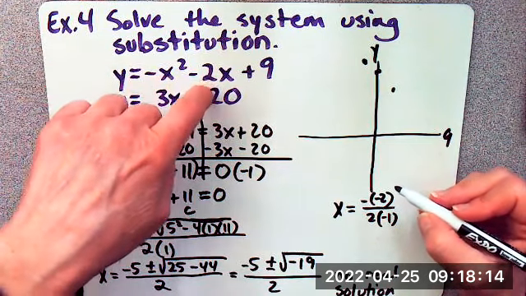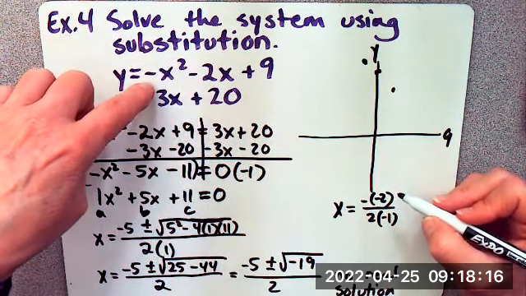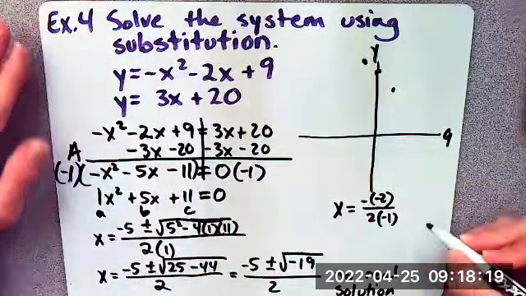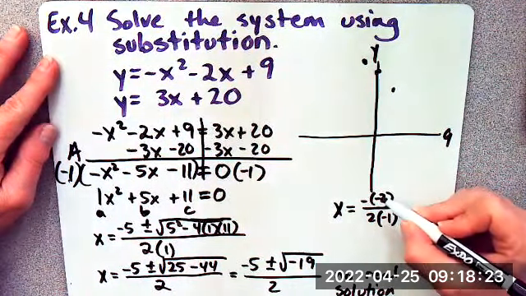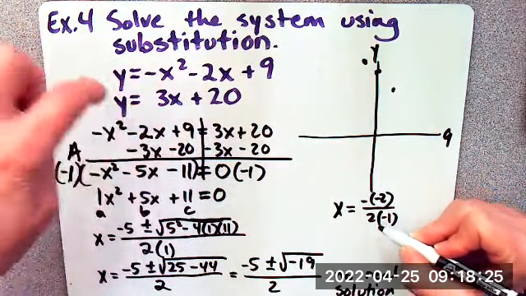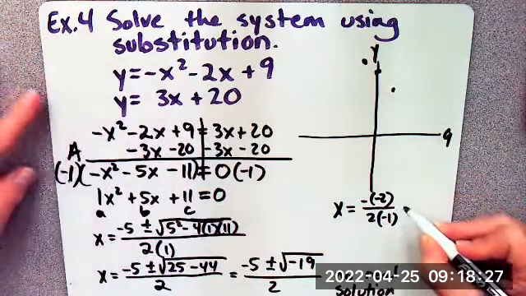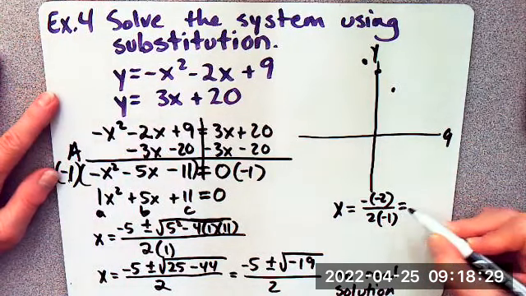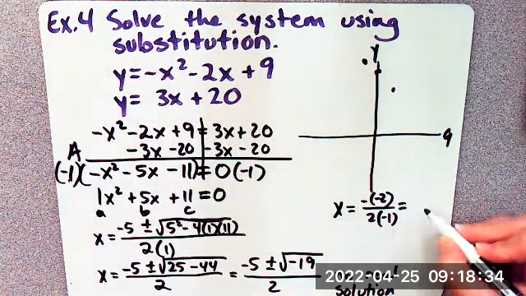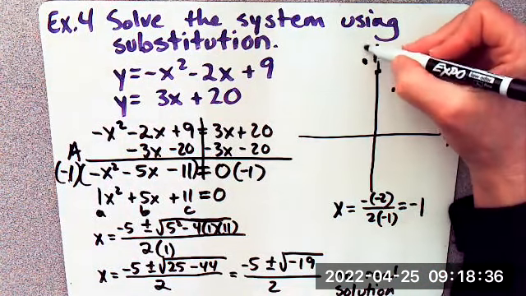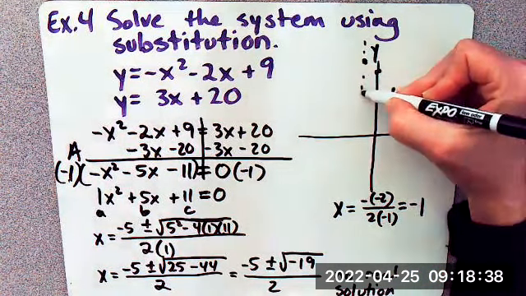So we have negative, b is already negative, and 2, and a is negative. There we go, so many negatives. So this becomes positive 2 over negative 2 gives us negative 1. So our axis of symmetry is right here.